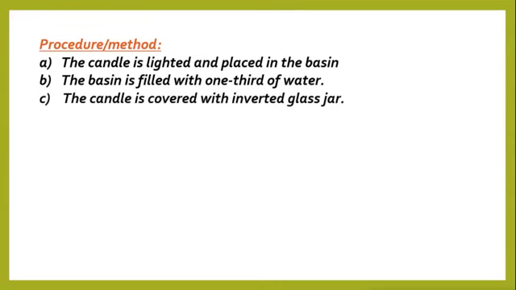Three, the candle is now covered with an inverted glass jar. We use a drinking glass. Now this means that the candle height should be short enough to be covered fully by the glass jar. It shouldn't be taller than the glass jar.